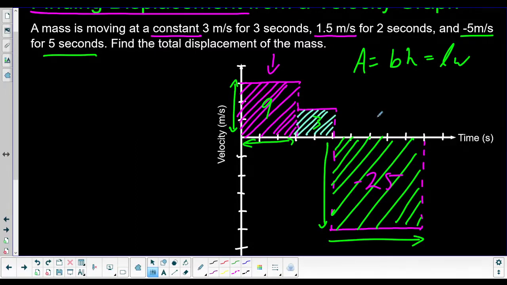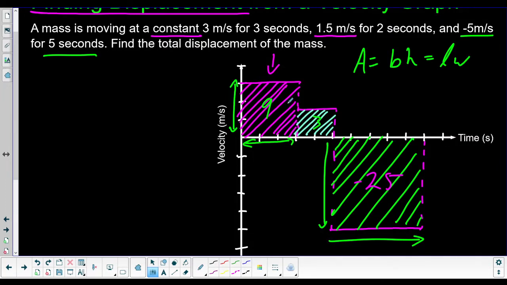And it's important that we say anything underneath the time axis is negative because we're moving backwards, right? We're going in the negative direction, so we're losing displacement. If I walk back towards the origin, then I'm going to get closer to the origin, right? So it makes sense that we're losing distance from the origin or displacement.